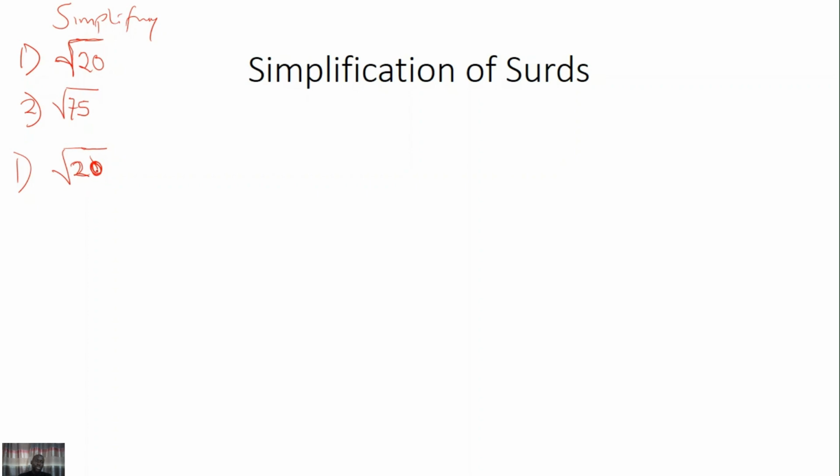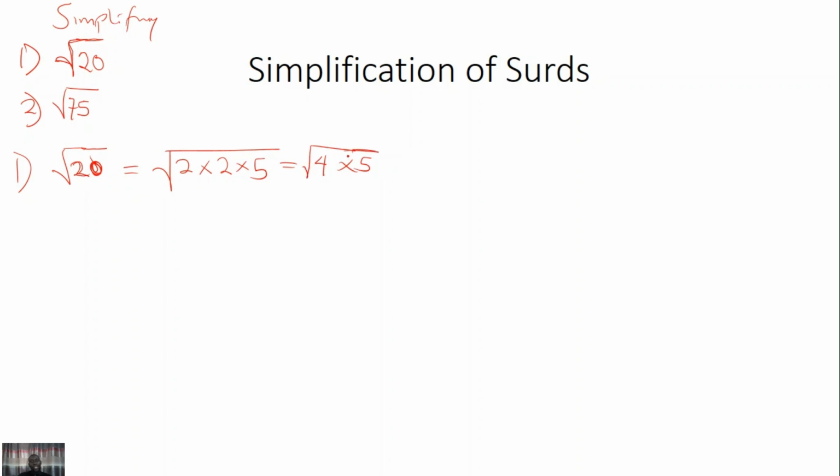So let's break 20 down into its products. This will be equal to 2 times 2 times 5. Okay? And 2 times 2 times 5 is actually 4 times 5, which is equal to 20.